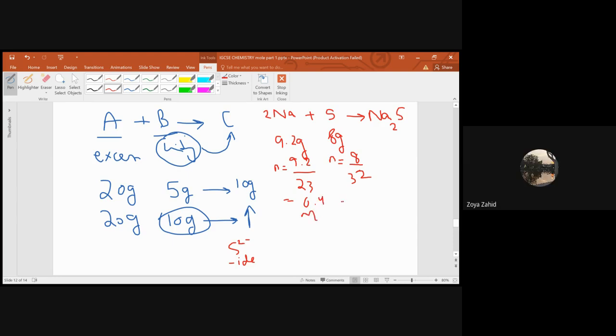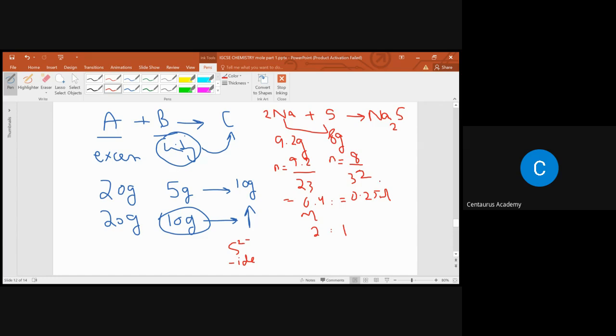And the next one? 0.25. Okay, so 0.4 and 0.25 moles. According to the stoichiometric equation, what is the molar ratio of both of these reactants? 2:1. Yes, 2:1. Very good. So when you see that this is 2:1, this means that 2 moles of sodium will react with 1 mole of sulfur to produce this sulfide.